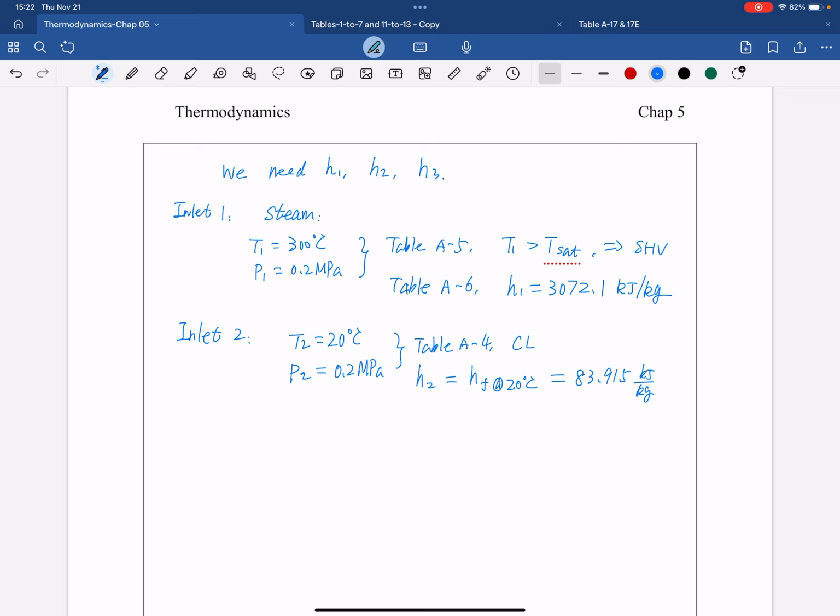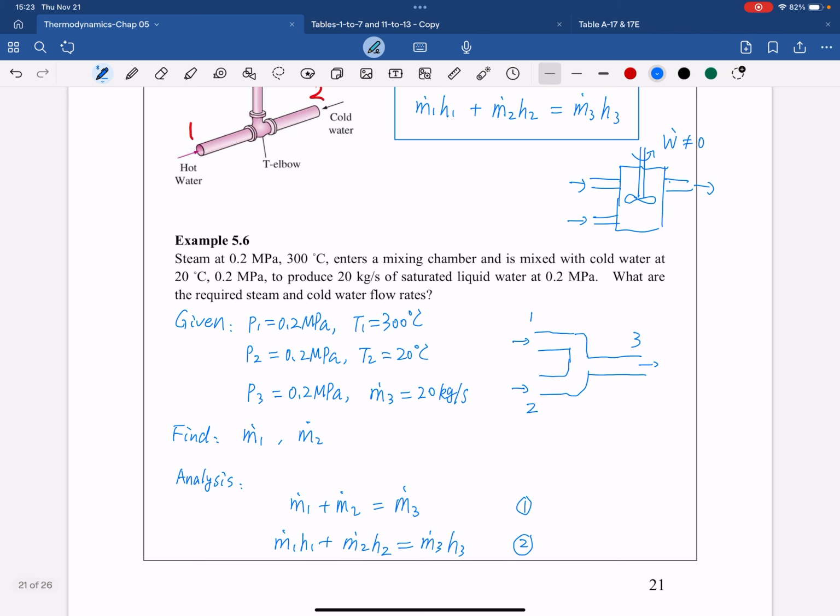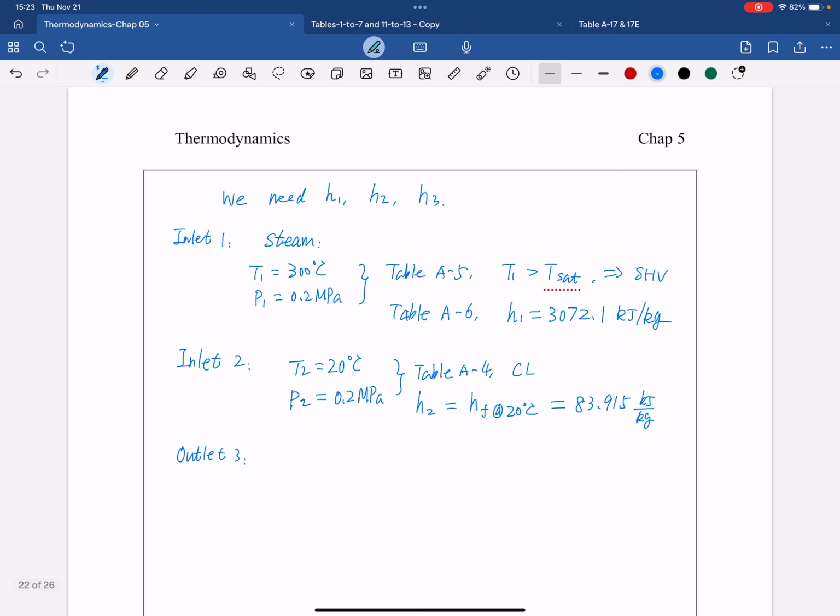Now let's figure out the h value at outlet 3. Based on the given condition, it is saturated liquid, SL, and P3 equals 0.2 megapascal.